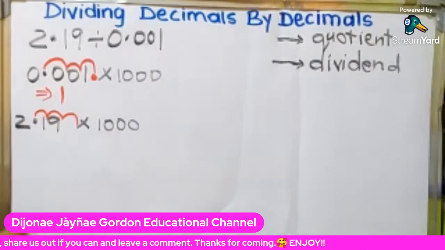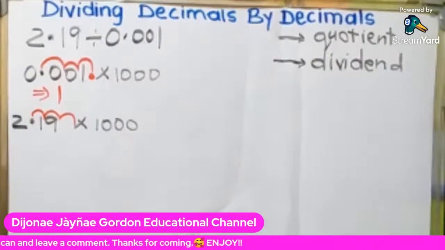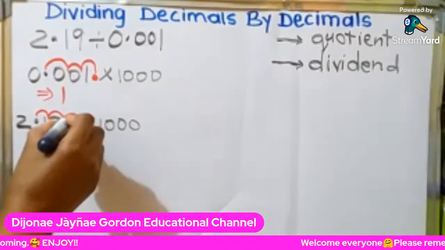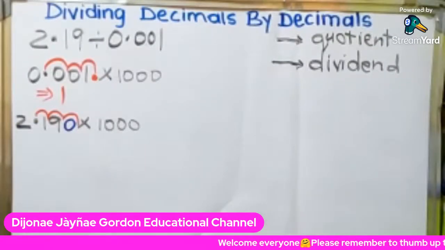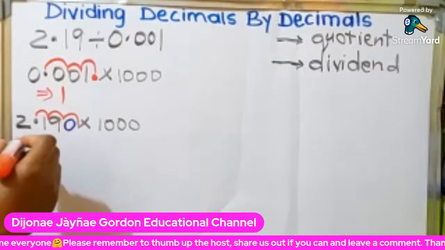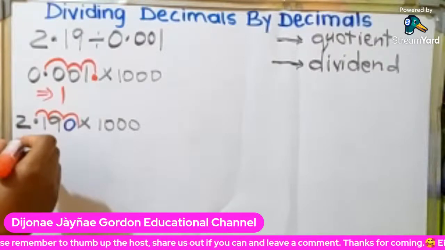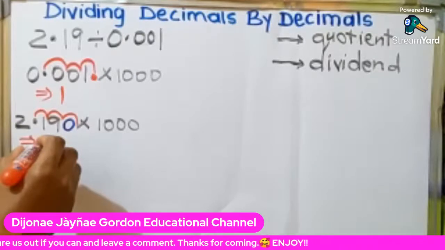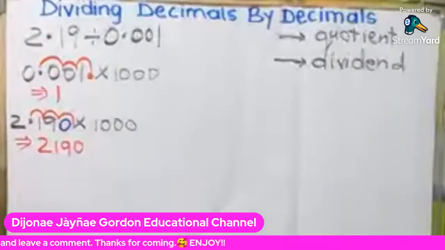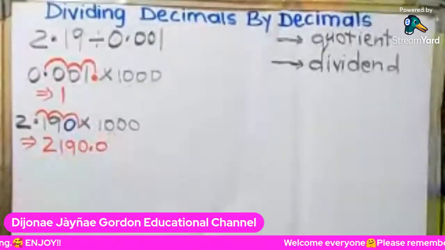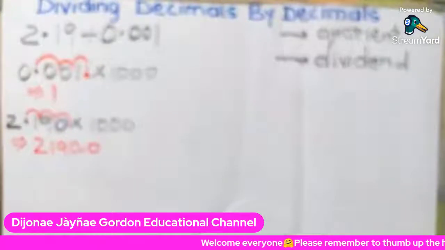So right here we have an empty space, so we're going to put a 0 right there. Let me show you what we have working with. We now have 2190.0. That is what we have working with.